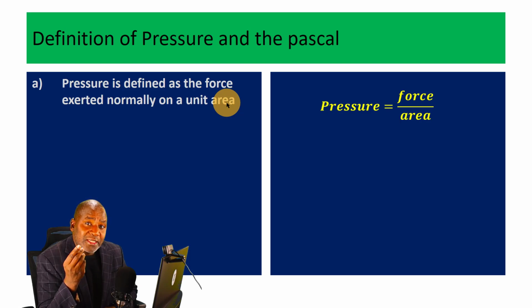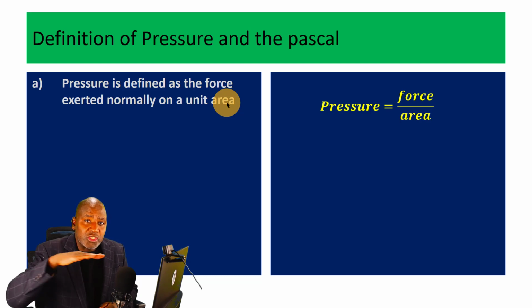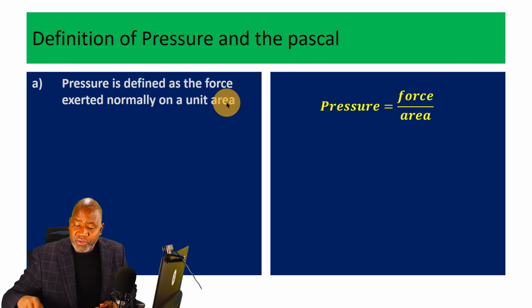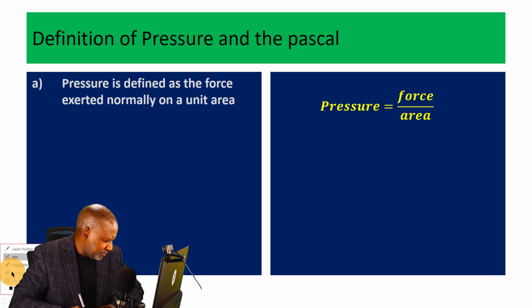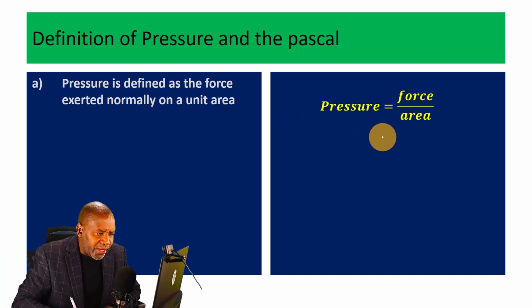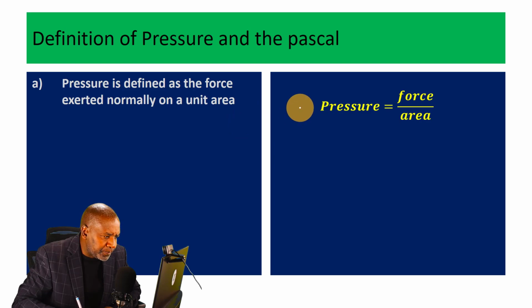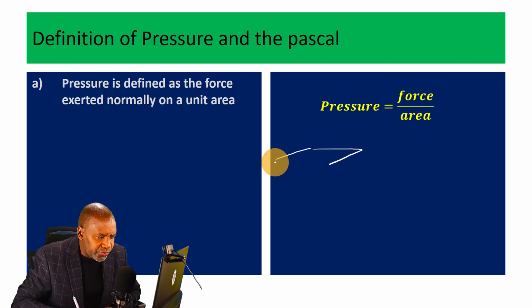We have already said that force is a vector quantity, it's got direction. So this force is acting vertically downwards, but the area is horizontal. The angle between the two is 90 degrees. So let me do some inking of this slide here. So we have agreed that the area, I'm going to try and draw a nice horizontal plane.